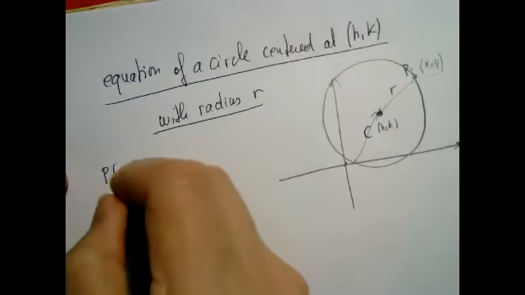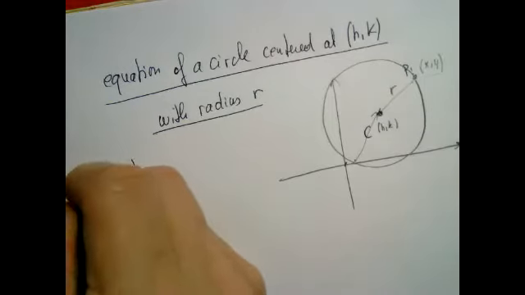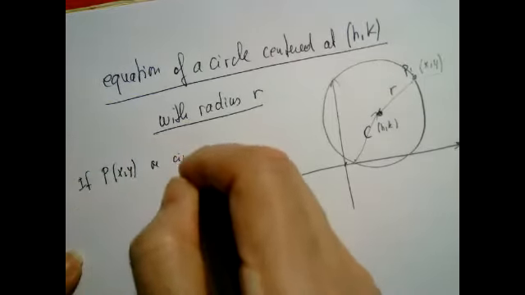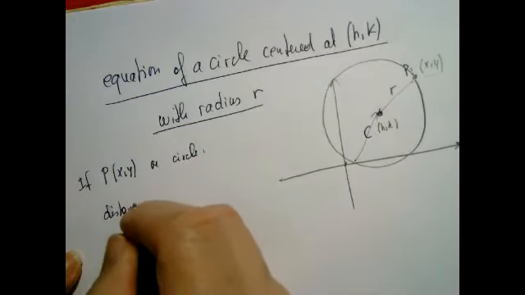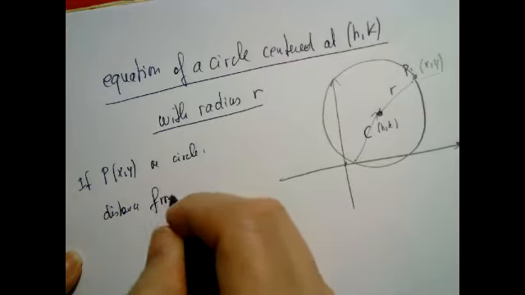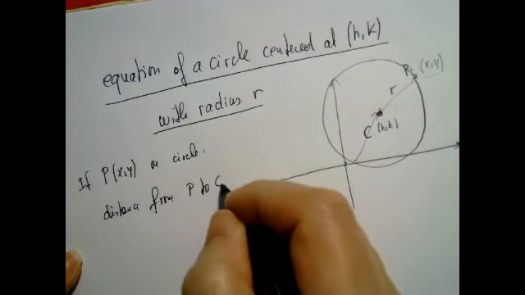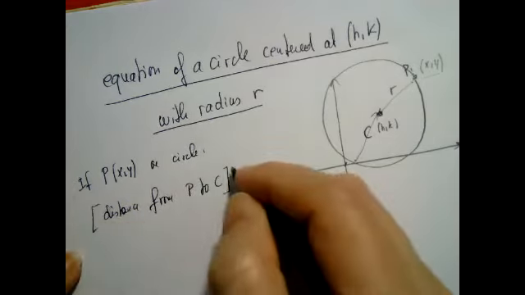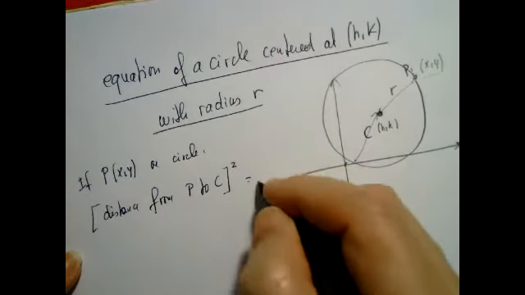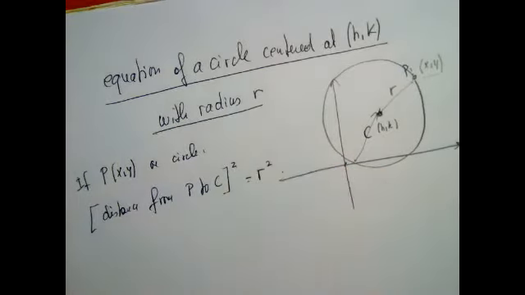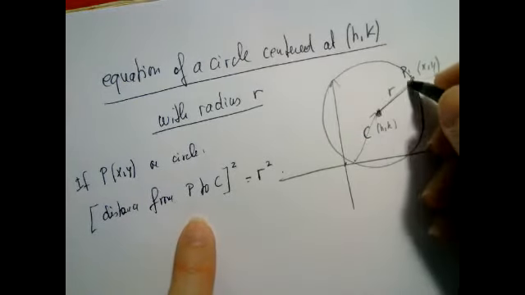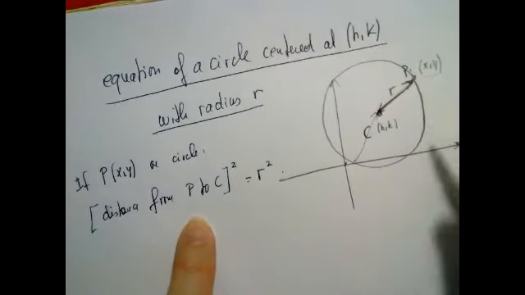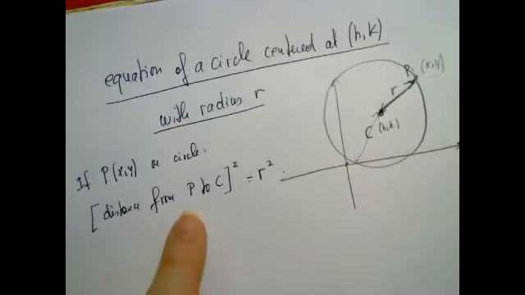If P is on the circle, then the distance from P to C, the square of the distance, is equal to r squared. So if a point is here, the distance from here to here is going to be equal to r. We're going to derive the equation very quickly.